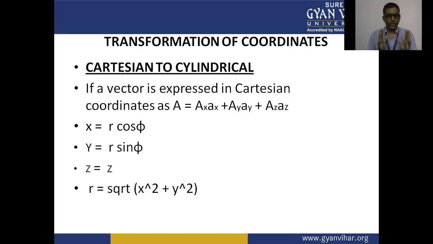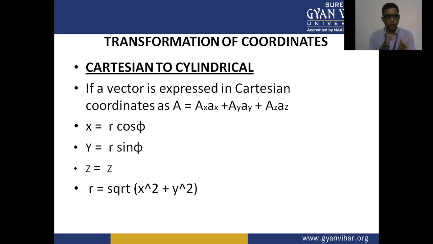This is the transformation of the coordinates from Cartesian to the cylindrical coordinate system. If a vector is expressed in the Cartesian coordinate system as A equal to Ax in the unit direction ax plus Ay in the unit vector direction ay plus Az in the unit vector direction az, this vector is represented in the spherical coordinate system as well as in the cylindrical coordinate system.